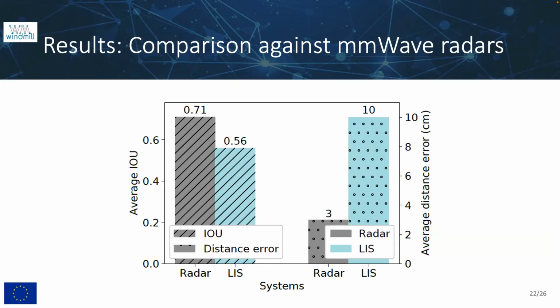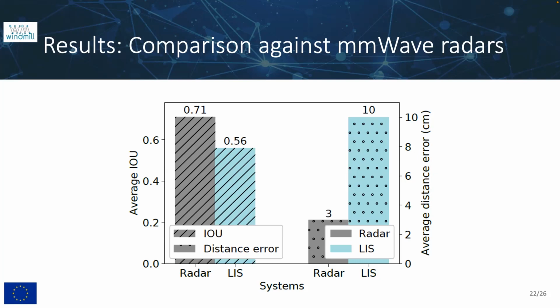We measure two metrics: the intersection over union and the distance error. Intersection over union is mainly the area of overlap of the predicted bounding box with respect to the ground truth, and the distance error is measured at the center of the bounding box. We can see here what we expected: the radar outperforms the LIS in terms of localization performance.